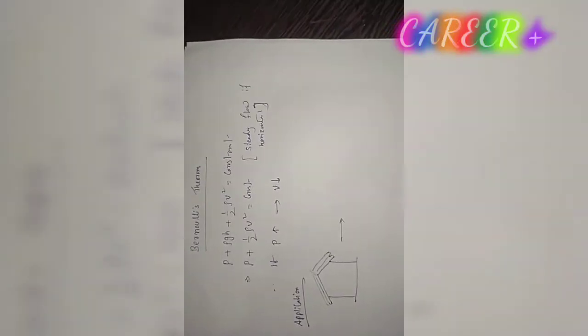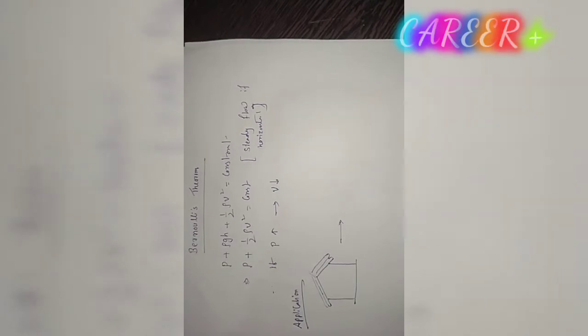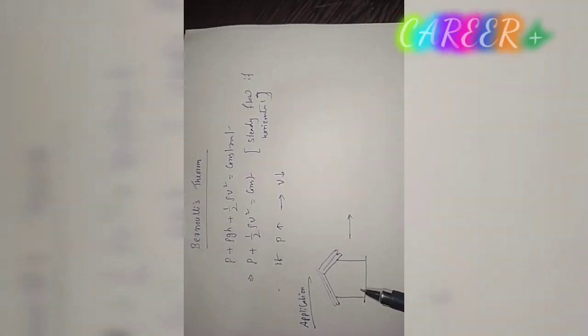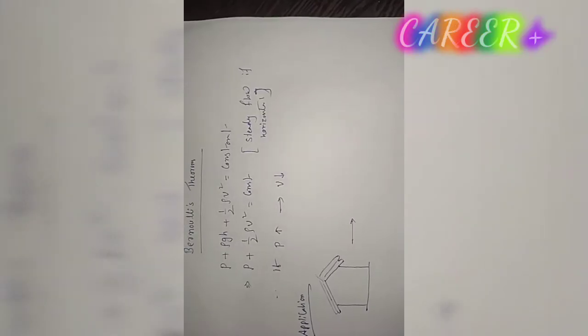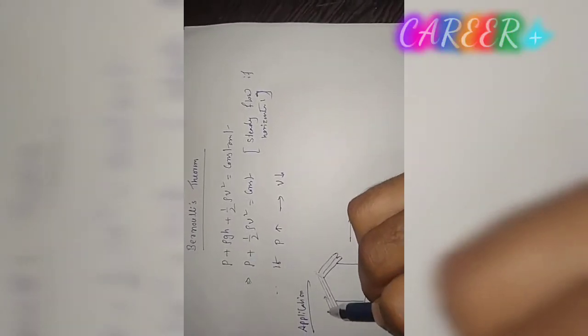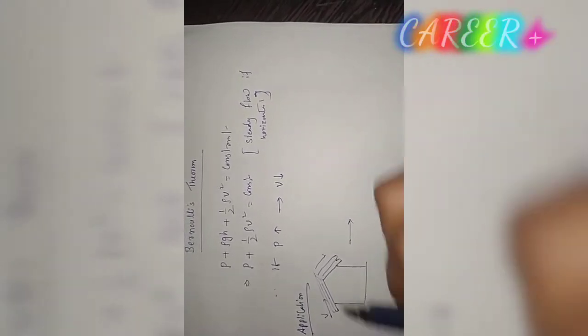Now we can explain why during a windstorm roofs of houses are blown off. Say this is the steady condition, this is the house. During a windstorm, when the velocity of air just above the roofs increases, what is going to happen?